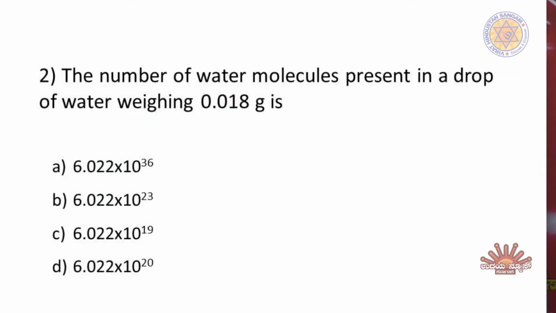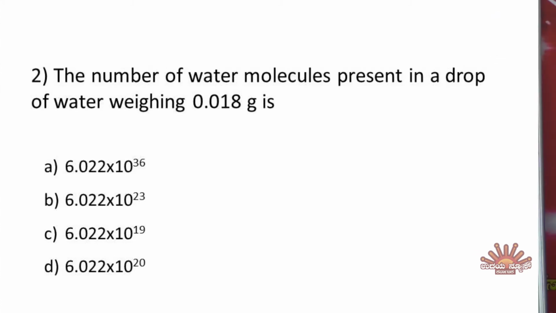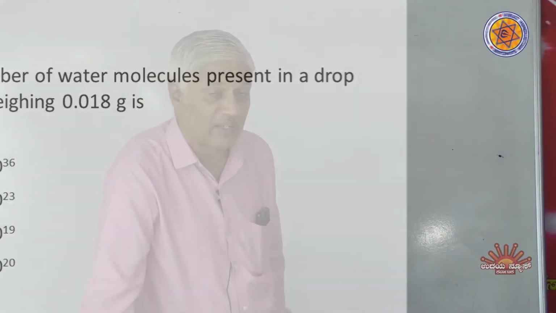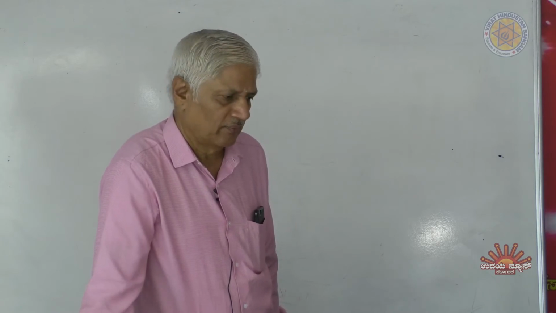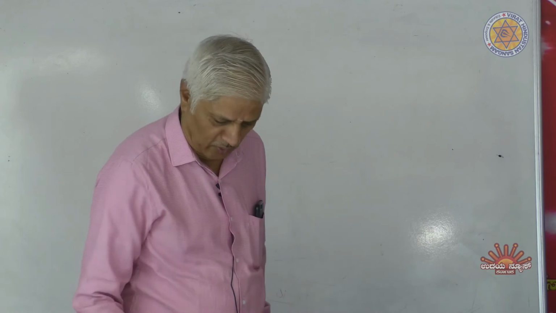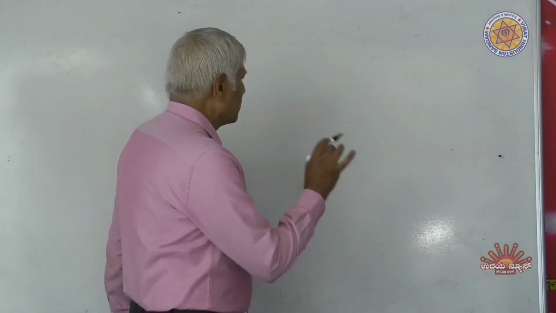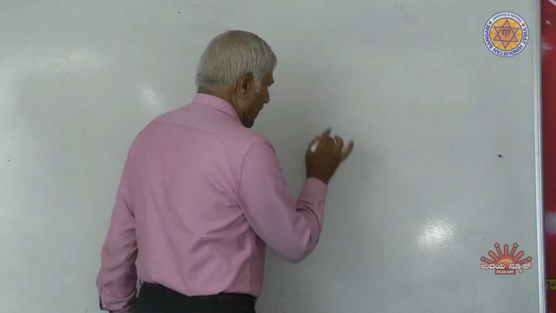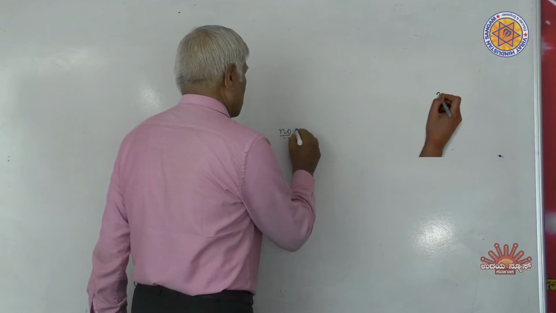The number of water molecules present in a drop of water that weighs 0.018 gram is. 4 options given. Number of atoms, number of molecules, number of ions. In such questions, this formula you must remember. Write that formula. Number of particles.